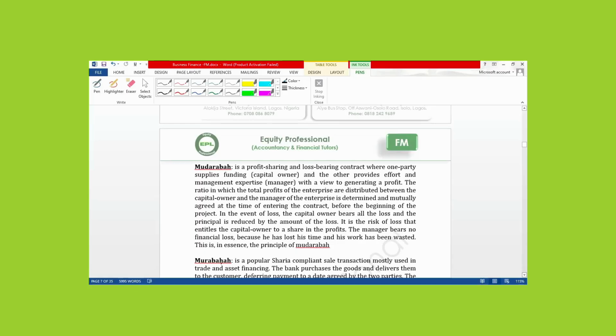You cannot fund an alcohol business with Islamic finance. That business is injurious to public health.